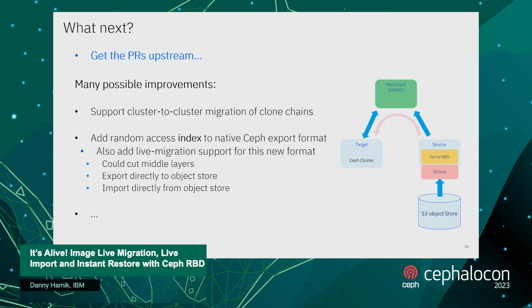It would be much nicer if you could go directly to S3 on the instant restore, and you could also go directly to S3 basically on the backup side. So with export v2, I mean, modify it to write directly to S3, that definitely is doable. So that could make things a lot nicer and easier for everyone.